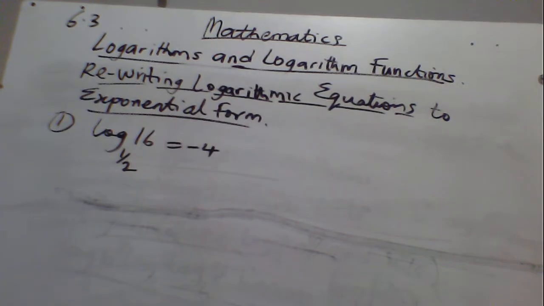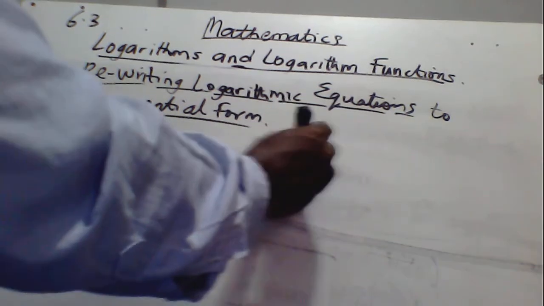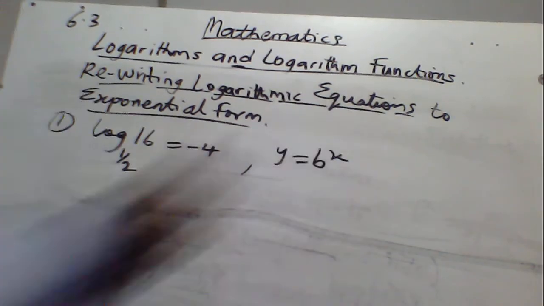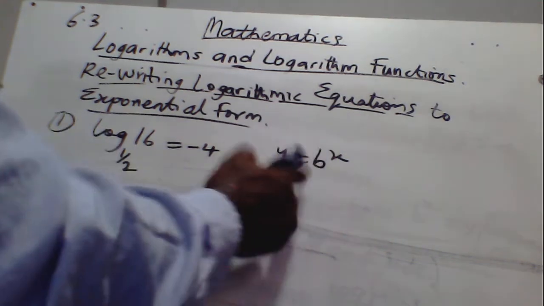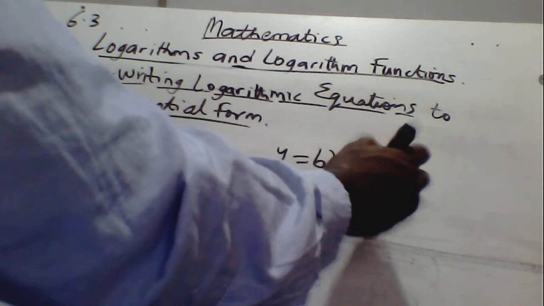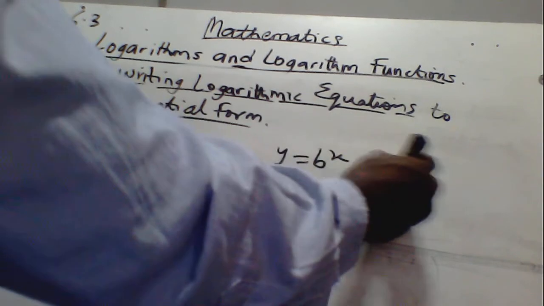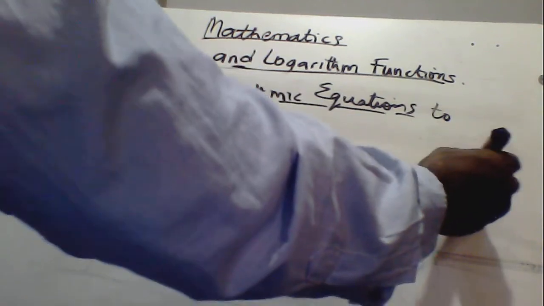So you're asked to write it in this form: y equals b raised to the power x. So how do you do that? Because the logarithm of this form is x equals log y to base b.